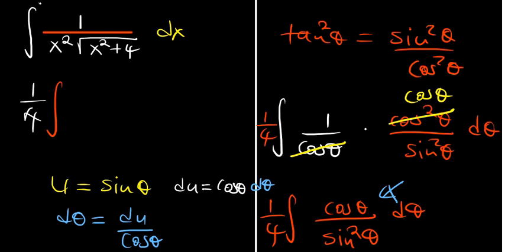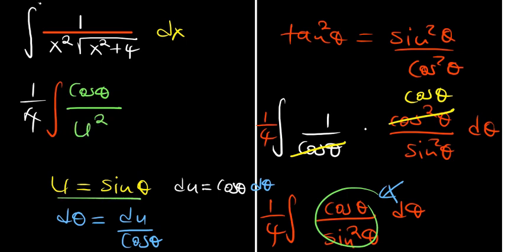So top part, what we have is cosine of theta over sine squared of theta. We're saying let our u be equal to sine theta, so it's going to be u squared, since we have u being equal to sine theta, and then d theta is basically du over cosine of theta.